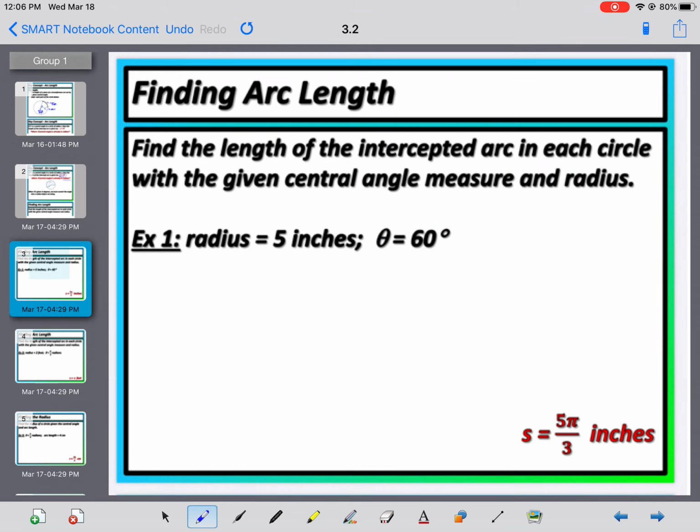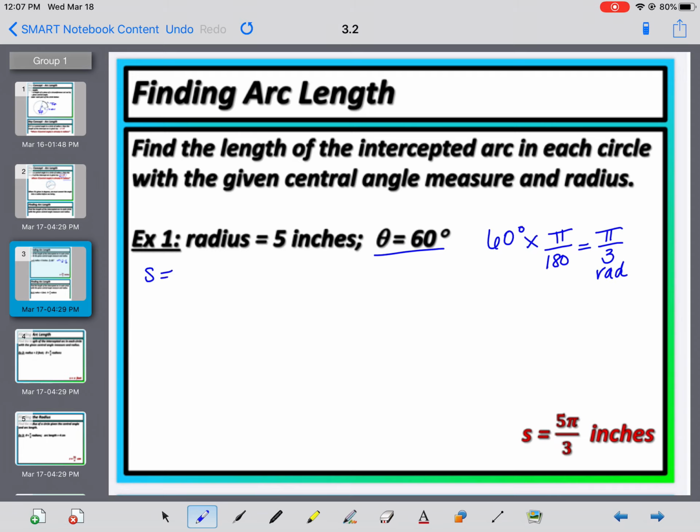Find the length of the intercepted arc in each circle with the given central angle measurement and radius. So my theta here is in degrees, so I want to first convert that. We're going to multiply by pi over 180. So that central angle in radians is actually pi over 3.